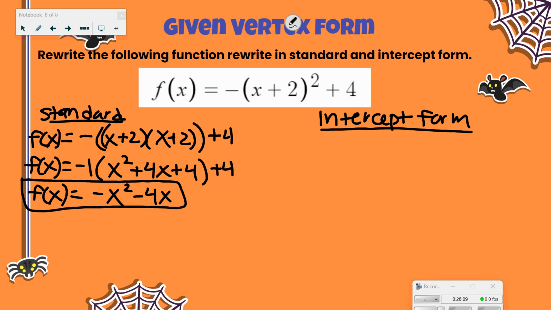What's that idea called in general to get into intercept form? Just factoring. Yeah, so one option to get into intercept form is if you know standard form, just factor. And everybody, that's what I recommend doing for you guys. I would recommend you get into standard form and then you factor.